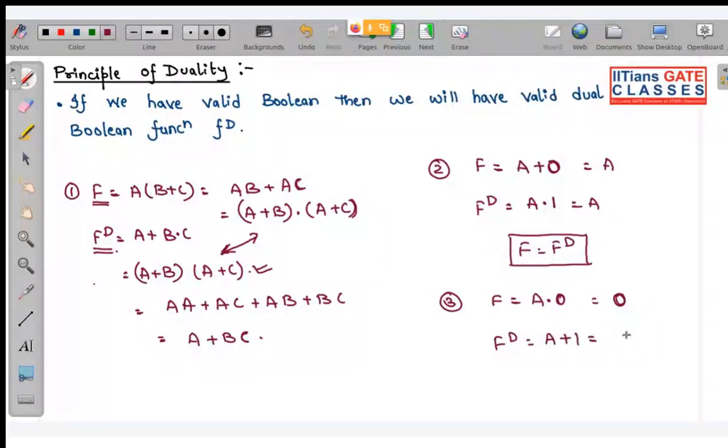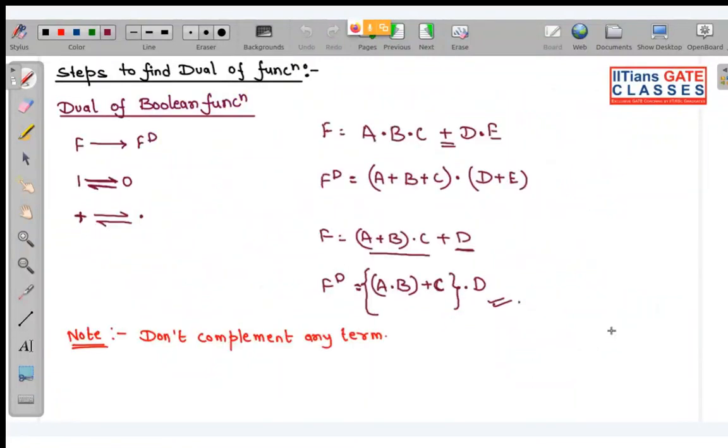So this is 1 plus a. So why am I getting 1 again? What is happening? I should have got 0 over here. Why am I not getting it? Why am I getting 1?